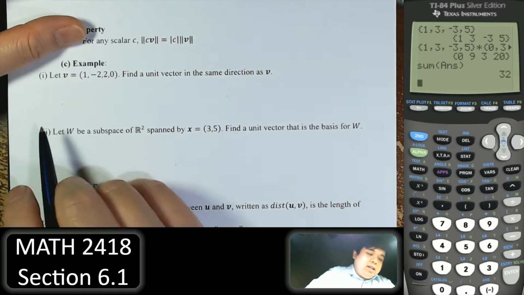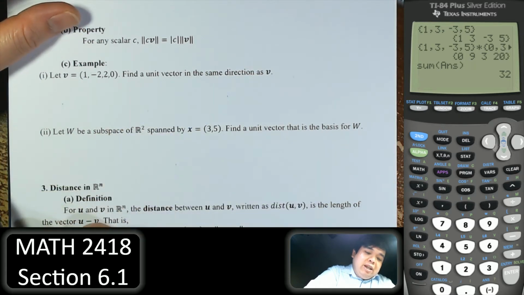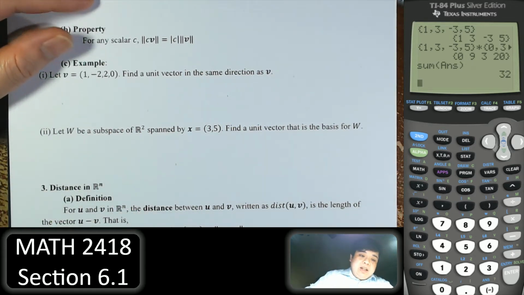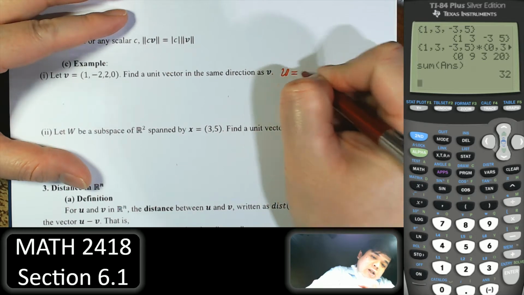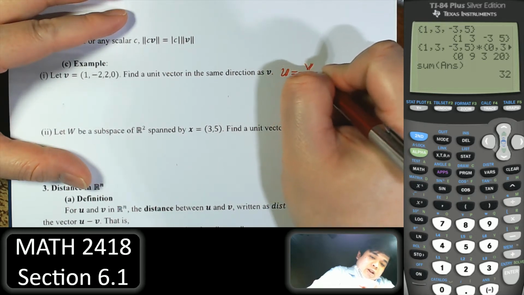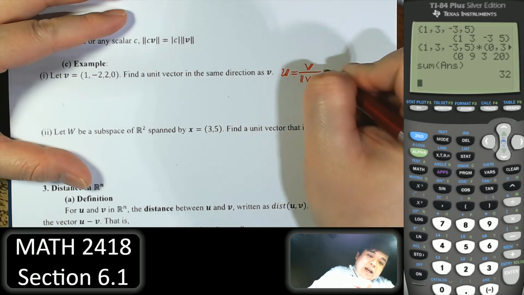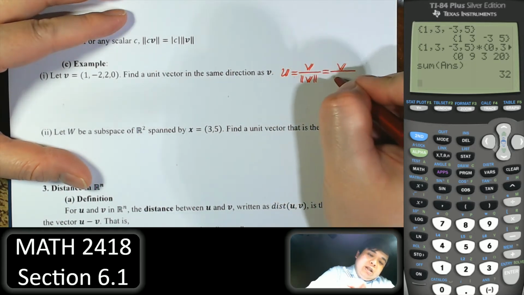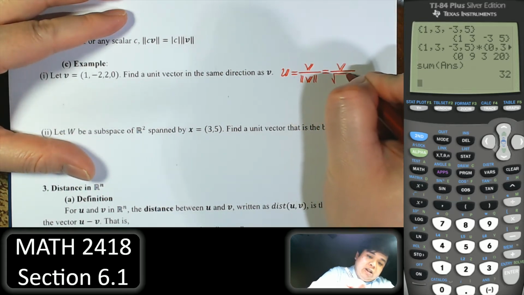Right. Next, I'll find the unit vector in the same direction as v. So we have v is that, and the unit vector in the same direction as v is given by vector v divided by the length of the vector v, and the length or the norm of vector v is equal to the square root of the dot product of v by itself.